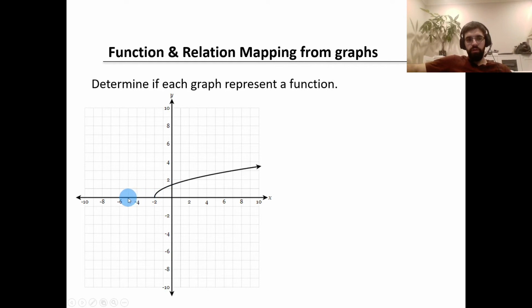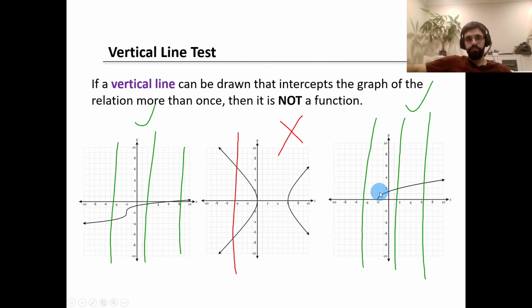And any point below -2 doesn't map to anything. So if we drew that map, there would be no elements in the domain that have more than one arrow coming out of them. So we know that this would be a function.